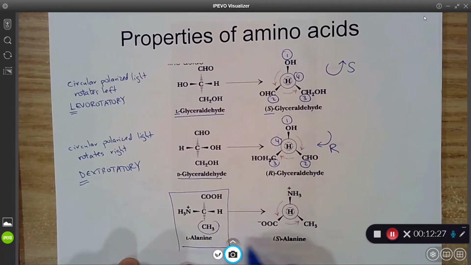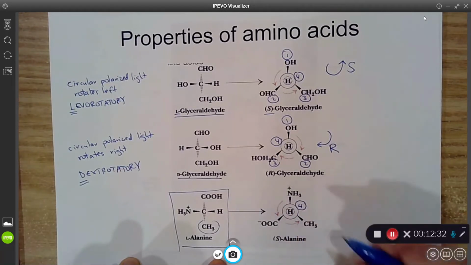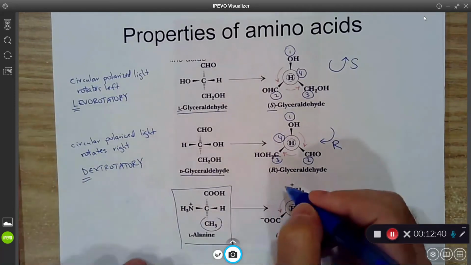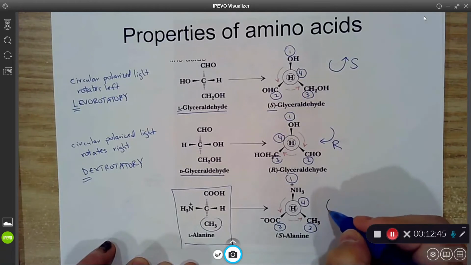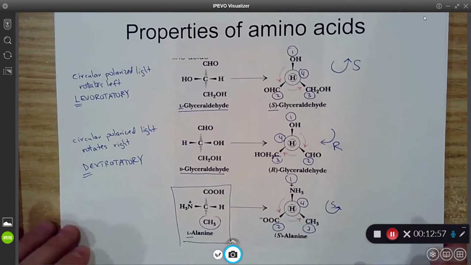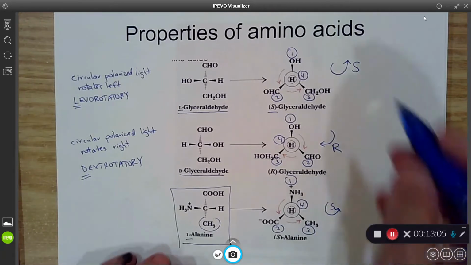L-alanine equals S-alanine. We can easily put 4 there as our priority, and add 1 for the amino group, 2 for the carboxylic acid group, 3 here. You can see that this is S, that's S-alanine. Now, all natural amino acids, we live in an L amino acid world, are S except for 1 amino acid.